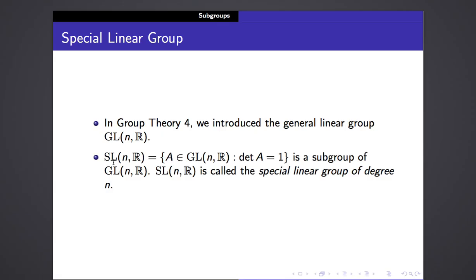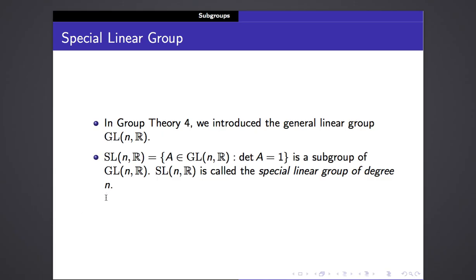Here, we are going to introduce SL of n, R. That is the set of all elements in GL such that the determinant of A equals 1. This is a subgroup of GL, and it is called the special linear group of degree n.